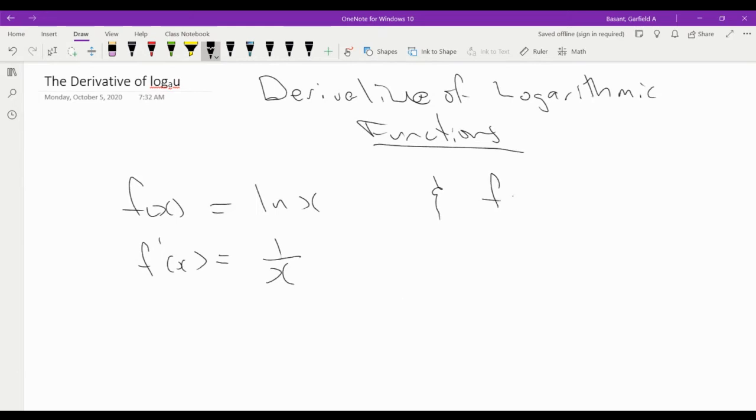And if we have f of x is equal to the ln of u, what is the derivative of this?